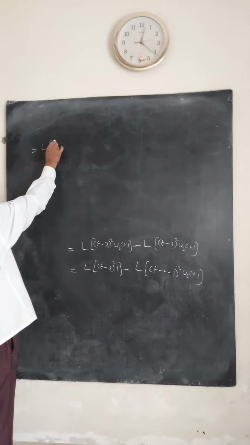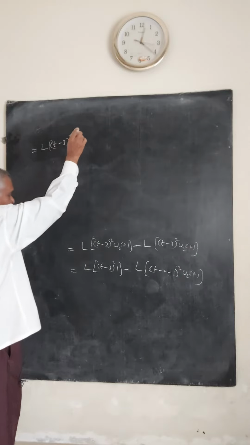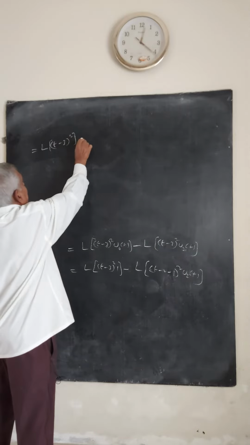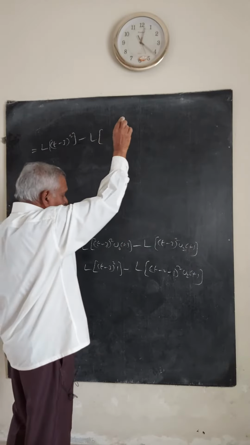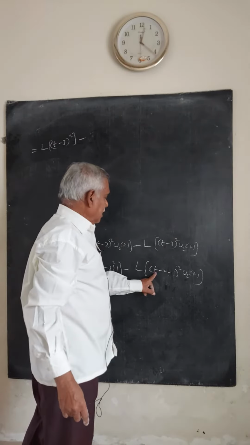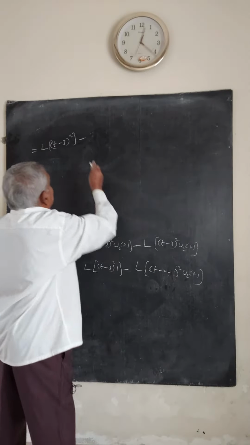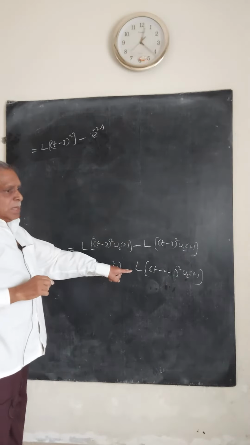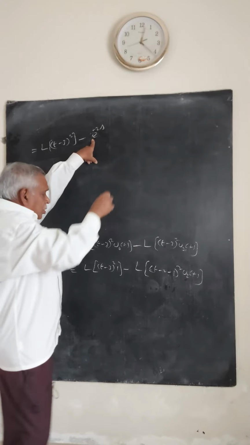So L of t minus 3 whole square minus L of, here it is 2, therefore we have created t minus 2, so e power minus 2s is taken out. As per the unit step function, e power minus 2s is taken out.